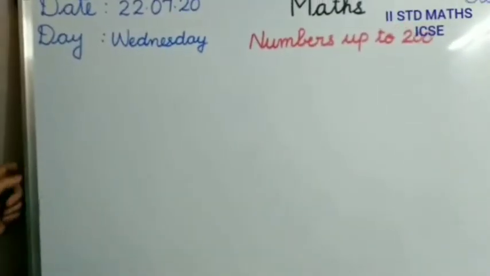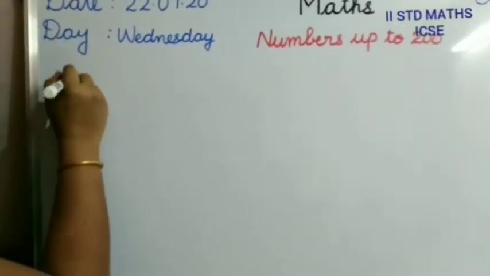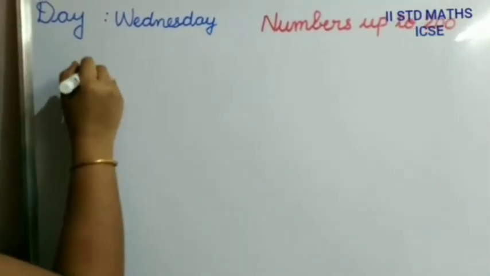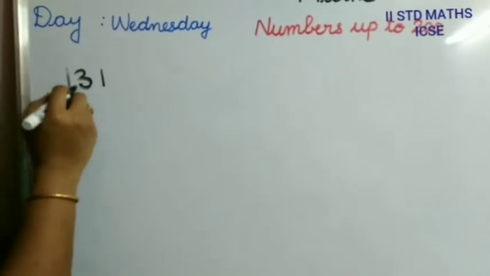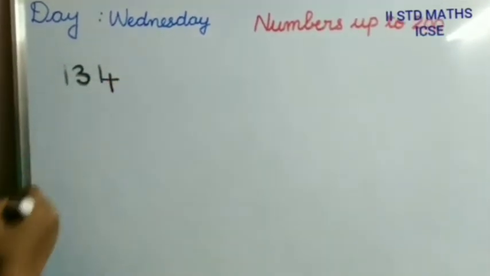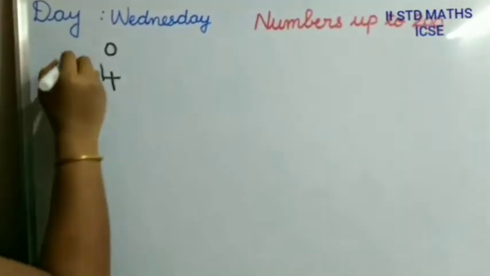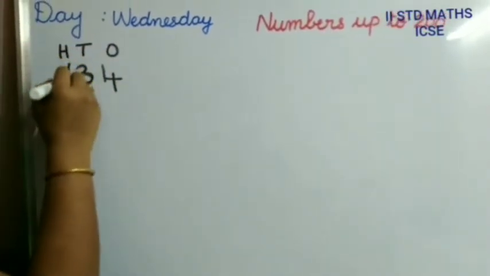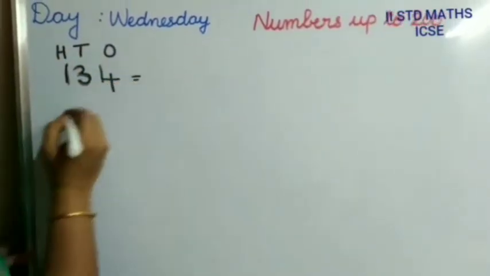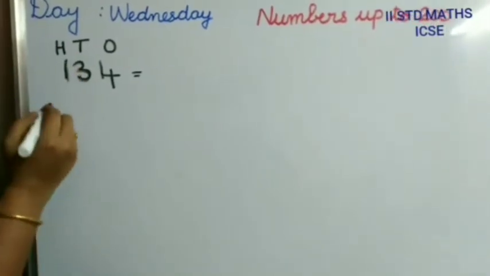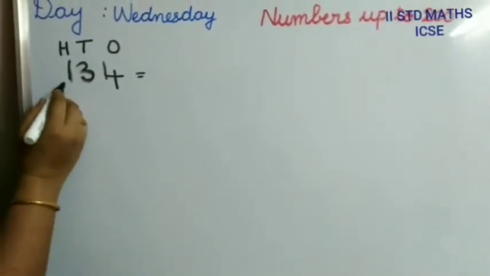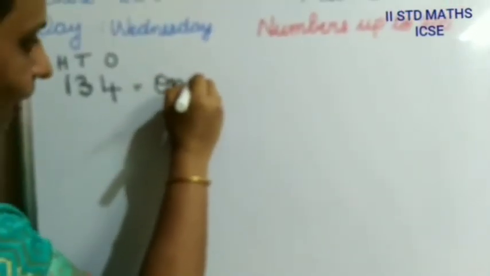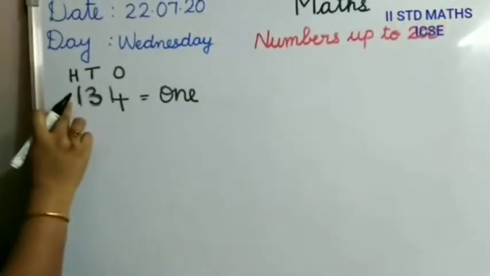Children, now we are going to see how to write the number names of three-digit numbers. See here, 134. This is the ones position, tens position and hundreds position. When we are writing the number names, we will start in the hundreds position. How many hundreds are there, children? There is 1. What is the spelling of 1? O-N-E, 1.